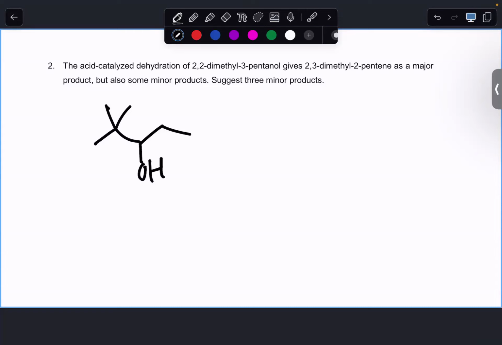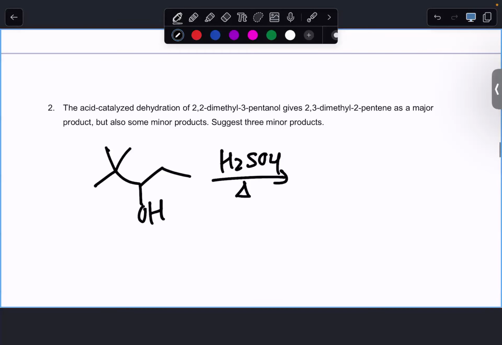Acid catalyzed dehydration will have what kind of reagents on the arrow? Okay, so it's H2SO4 and... H2O would be hydration, right? Dehydration with heat.